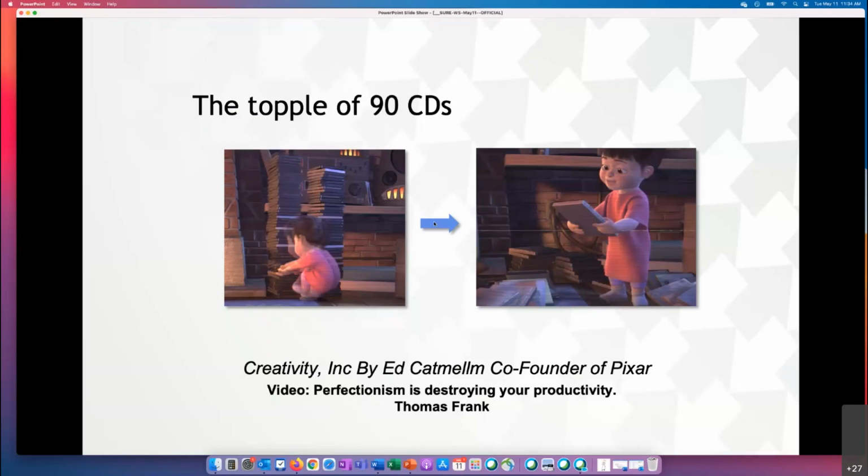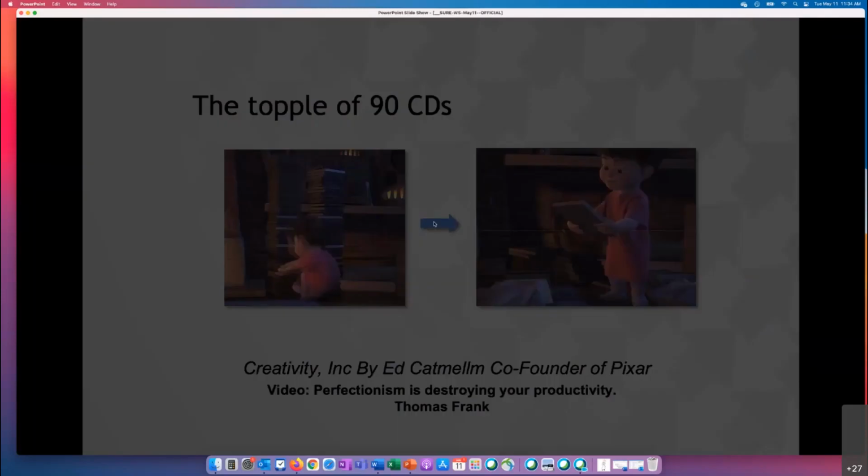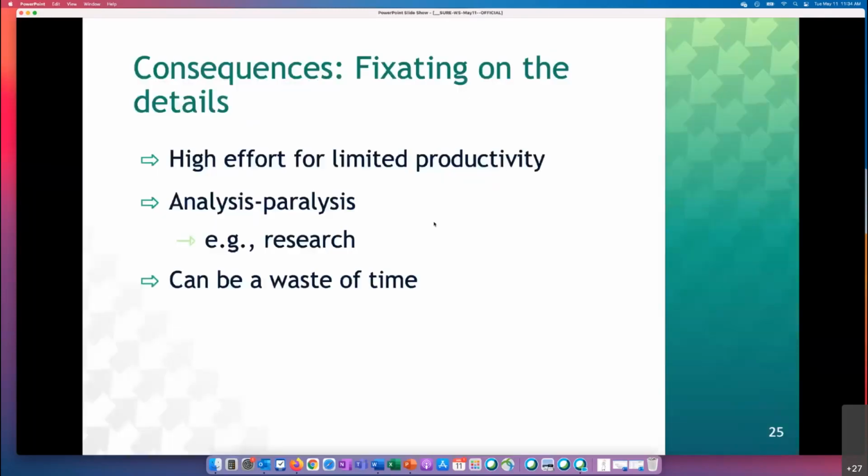So there was a lot of time spent there. And the result: none of those were seen, only the one that was picked up. So the consequence of fixating on details is you're putting a lot of time in for limited output.